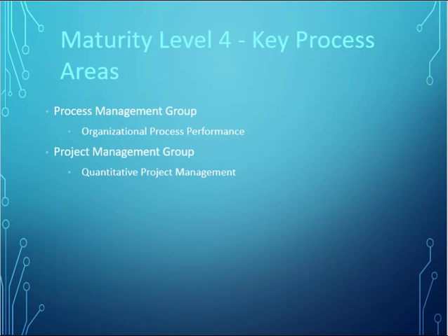And the two key process areas that are going to help us do that are the process management and project management groups. The process management group are going to look at how we are going to evaluate process performance across the whole organization. And then the project management group is going to start to do quantitative project management, because they're going to have those statistical tools to help them make decisions based on statistics instead of based on their gut.